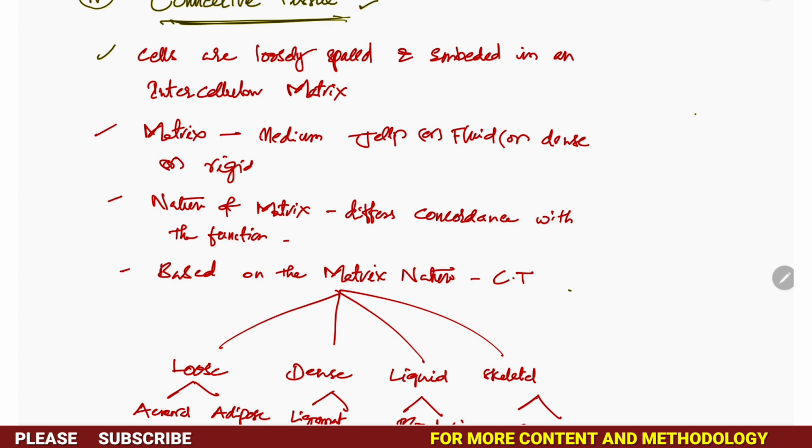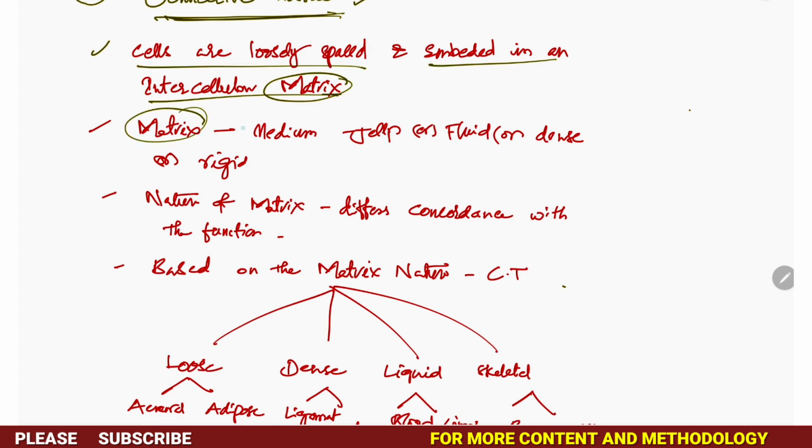In this tissue, the cells are loosely spaced and also embedded in an intercellular matrix. What is meant by matrix? Matrix is a medium in which cells are dispersed, like in the plasma, where RBC, WBC and platelets are dispersed or suspended. Hope you got my point.